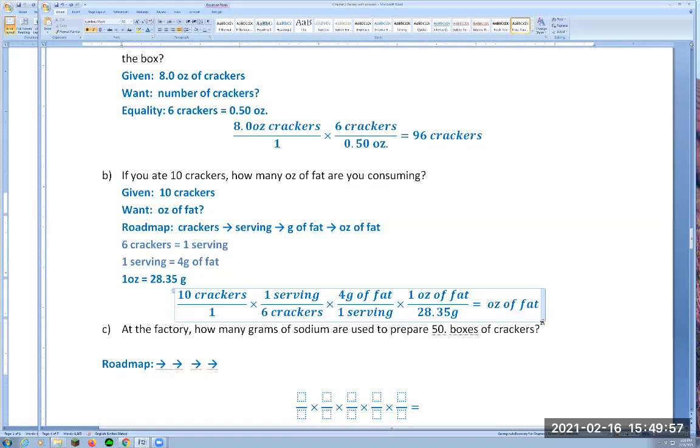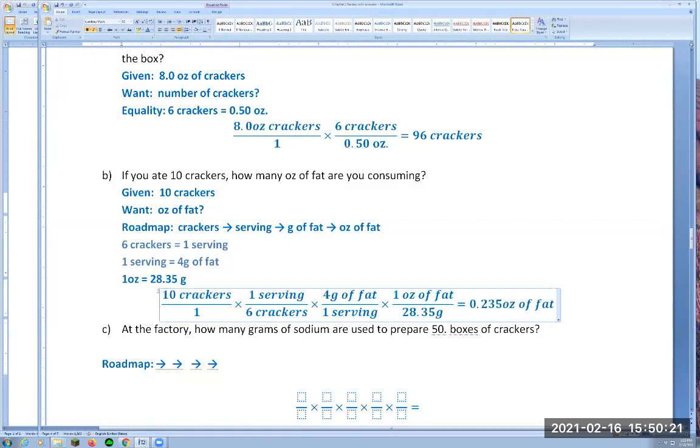So that's going to be 10 multiplied by 1 serving, multiplied by 4 grams of fat, and multiplied by 1 ounce. So 10 times 4, and then divided by 6 crackers, and divided again by 28.35 grams. The calculator answer is 0.235, etc.